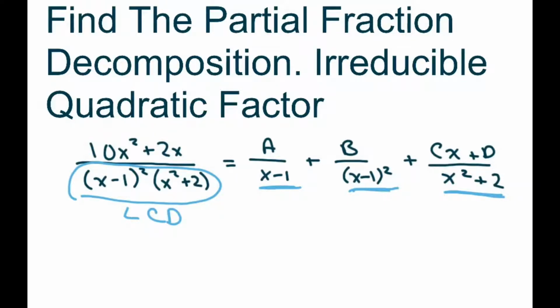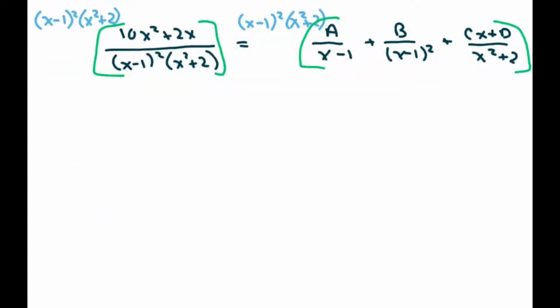So you want a linear on top of a quadratic and a constant on top of the linear factors. The first thing we're going to do is clear the fractions by multiplying each side of the equation by your LCD. In this case, these cancel, so you get 10x squared plus 2x here.